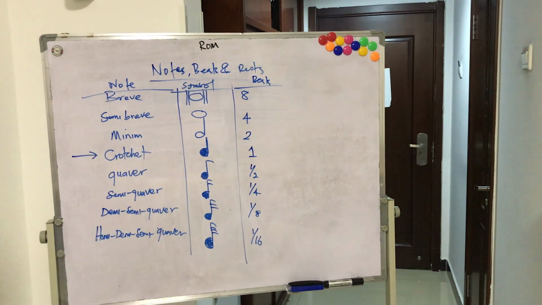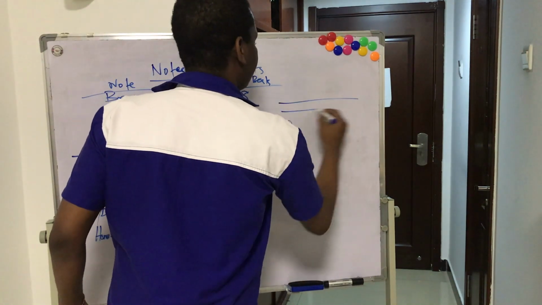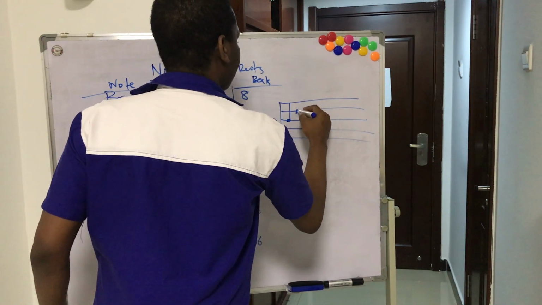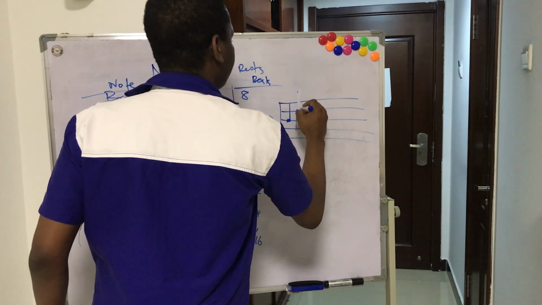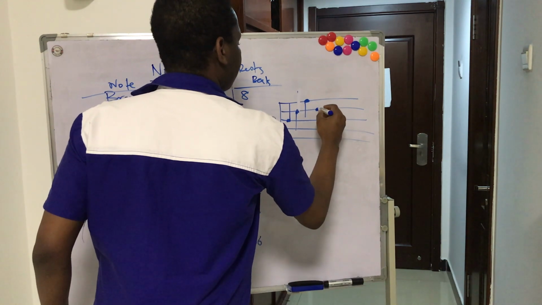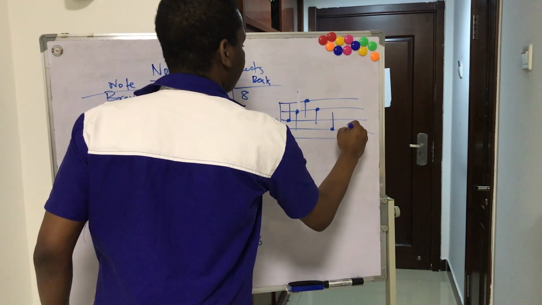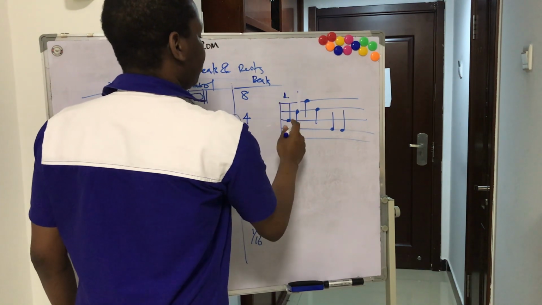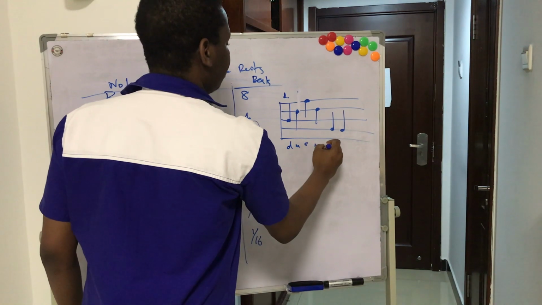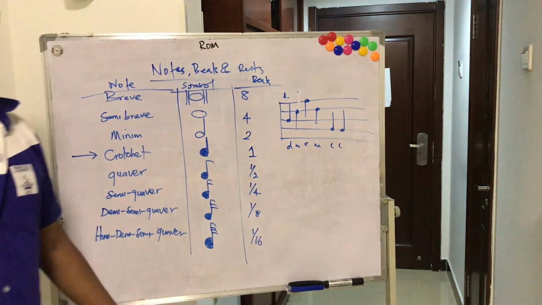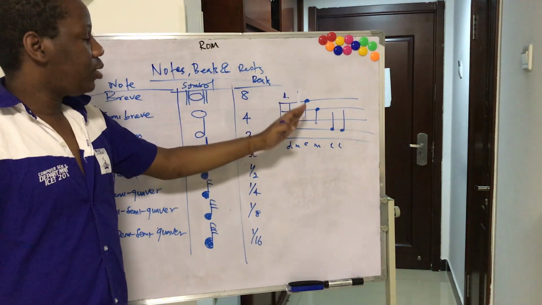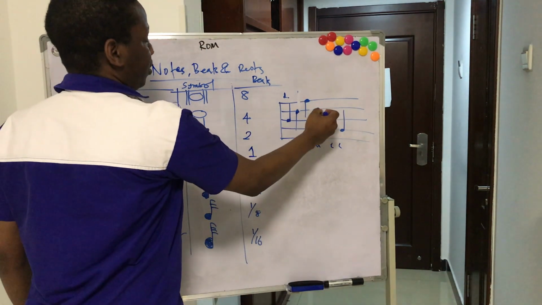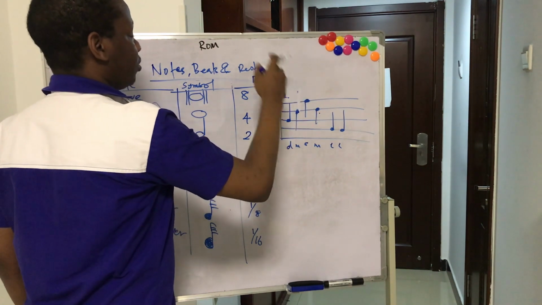I'll be using crotchet beats. Let's say these are the notes: do, mi, so, mi, la, la. One count each, like that.